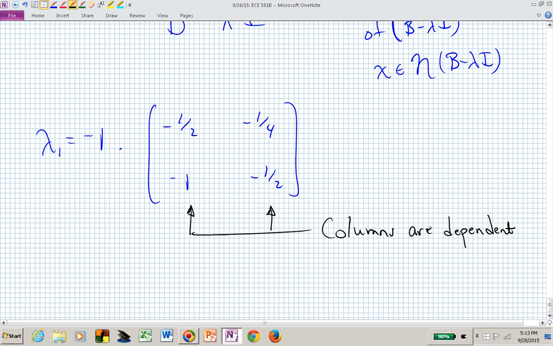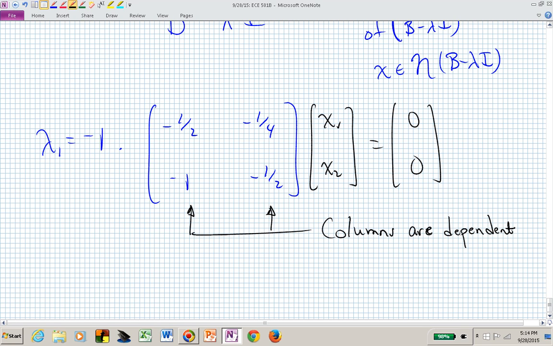And that should just be making us go ding, ding, ding, because that says that we can find non-zero scaling values that will combine those to give us the 0 vector. If we have columns that are dependent, then they're linear combinations of one another, and we can scale those via x1 and x2 to make that combination equal 0.